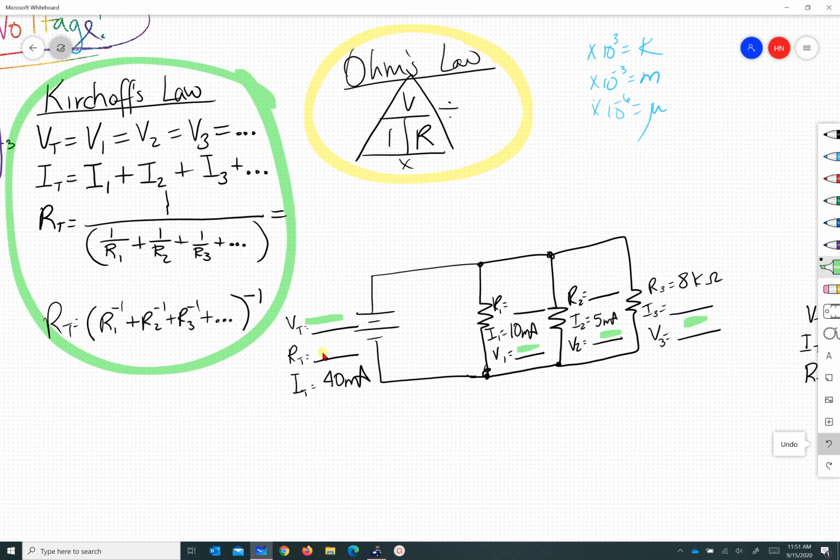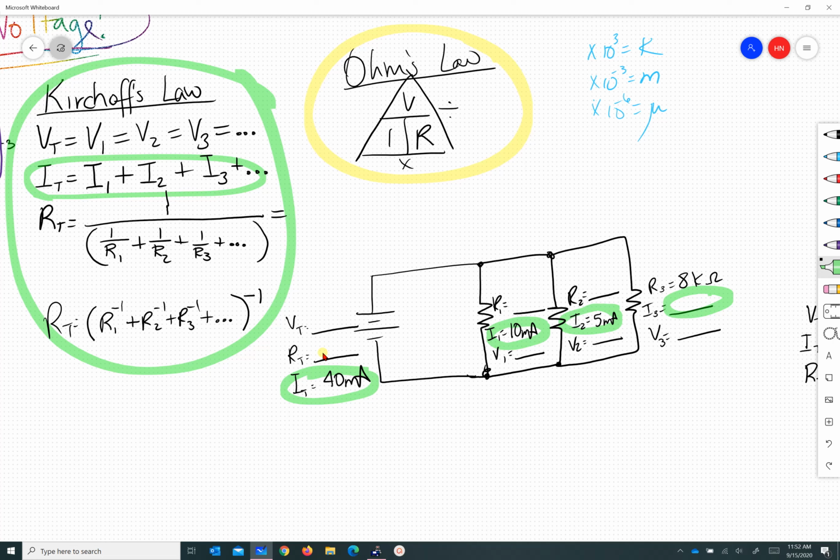At this moment, voltage law from Kirchhoff is not going to help me. What about the currents? Can I add them up? Oh, yes. For current, they all add up to the total. So I have 40 total, 10, 5, and I have a missing one. So I can add them and subtract from 40 and figure out the missing piece.